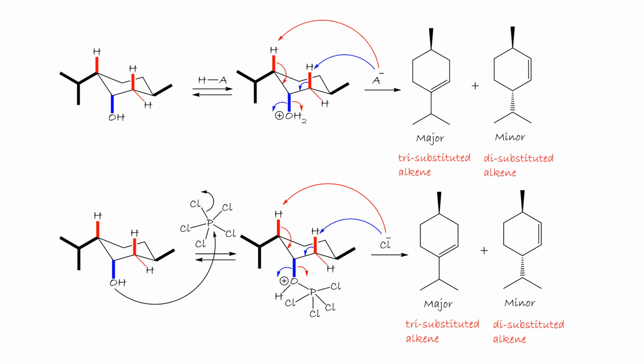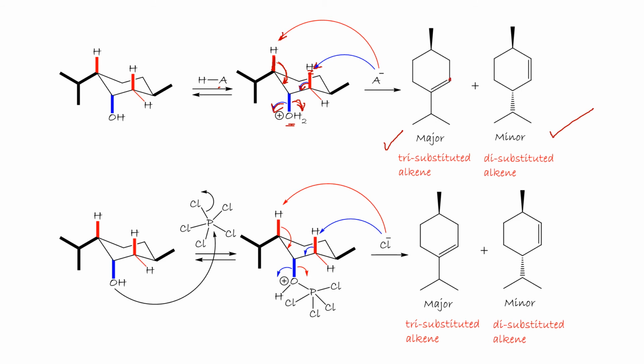So in neomenthol, if we protonate in the methanoic acid, we protonate here, OH, then A minus will attack in E2, either taking this hydrogen, the blue line, and forming this alkene, or it can attack on this hydrogen, the red line arrow, and form this alkene.